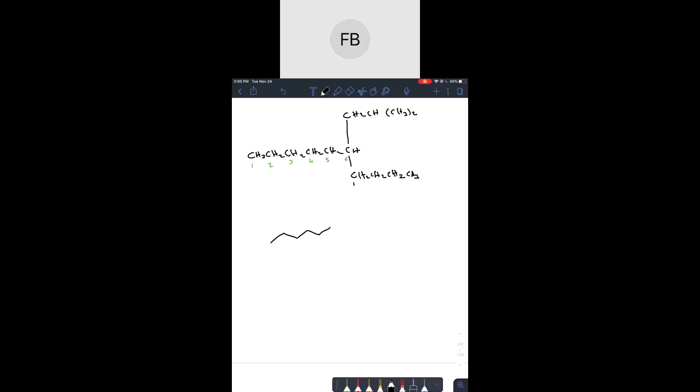So this chain has 1, 2, 3, 4 carbons. So I'm just going to continue. This is my 6th carbon here, and I'm just going to denote that like that. So that's 1, 2, 3, 4 more carbons coming off of it. And then again, from this same carbon, so I'm just going to make it have this heavy dot because we need to know where it is.